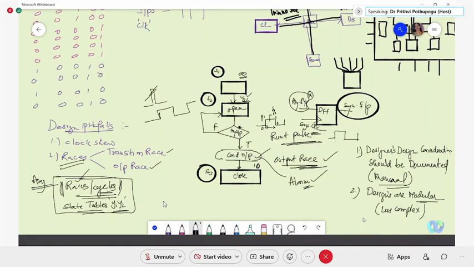It should not be a temporary solution. It should be a permanent solution. If some error is happening, don't think of a temporary solution to that error, rather think of providing a permanent solution. Then only the design will be a successful design.